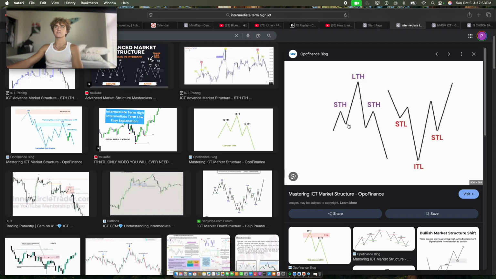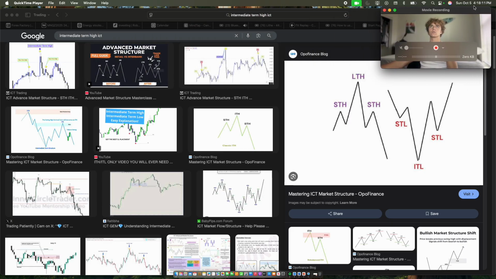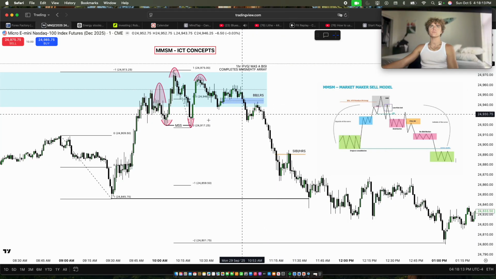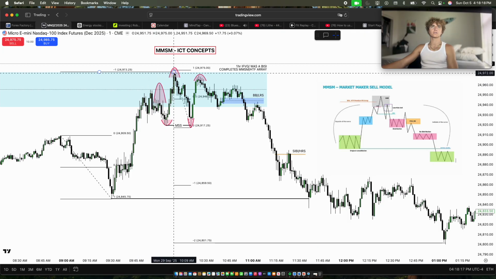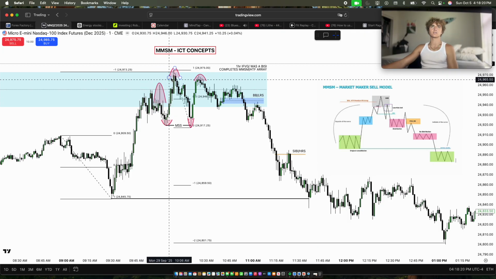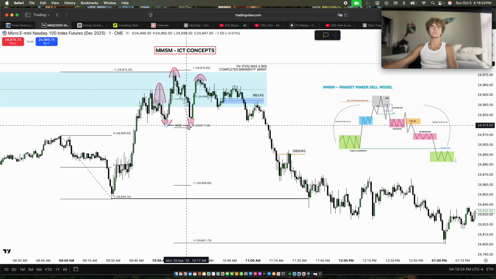We break this low, so we have a lower low when we're bearish, or when we're bullish, it's a higher high. We have a lower low when we're bearish, and we have a lower high. Then we can go back to over here, where we have a short-term high, long-term high, short-term high, and then we have this low.